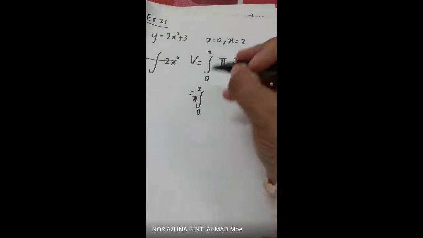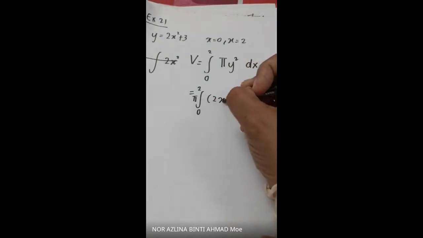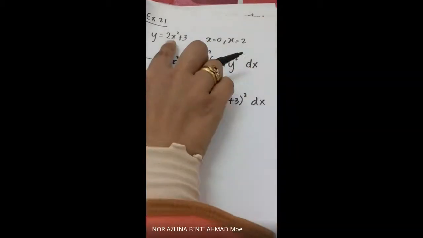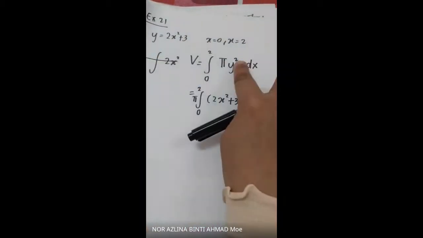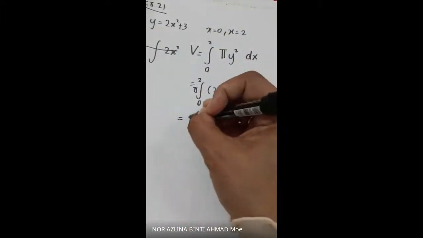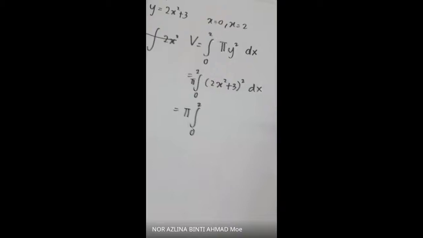So how to get y squared? 2x squared plus 3, squared. Okay, this is y, 2x squared plus 3. So the question wants squared. So you need to square the function. So this is equal to pi integrate from 0 until 2.